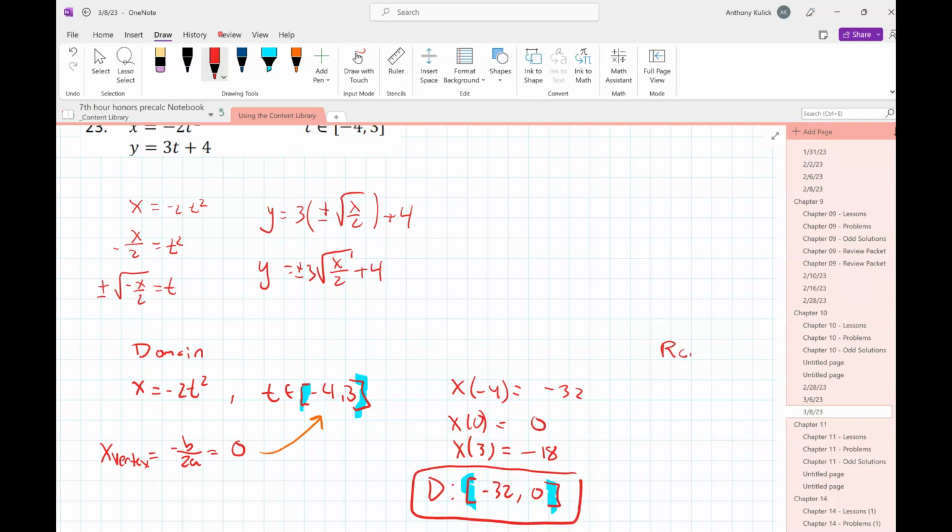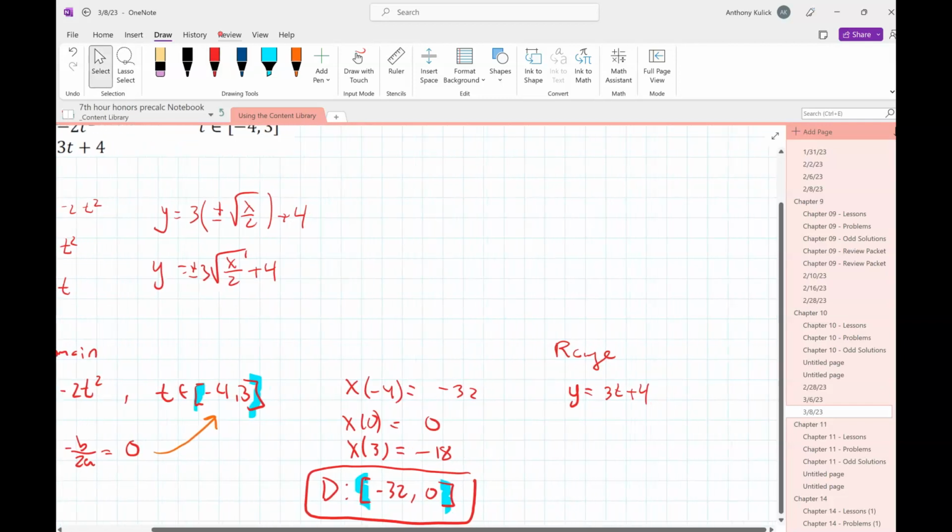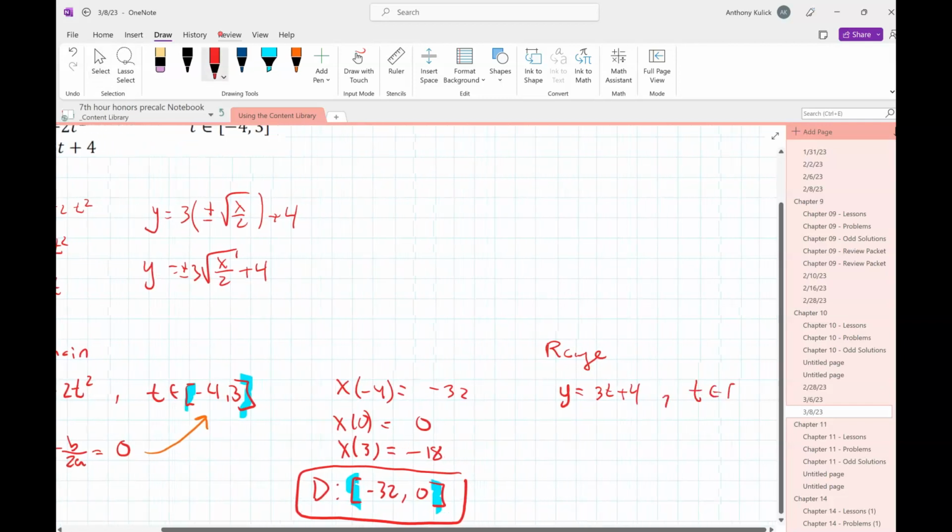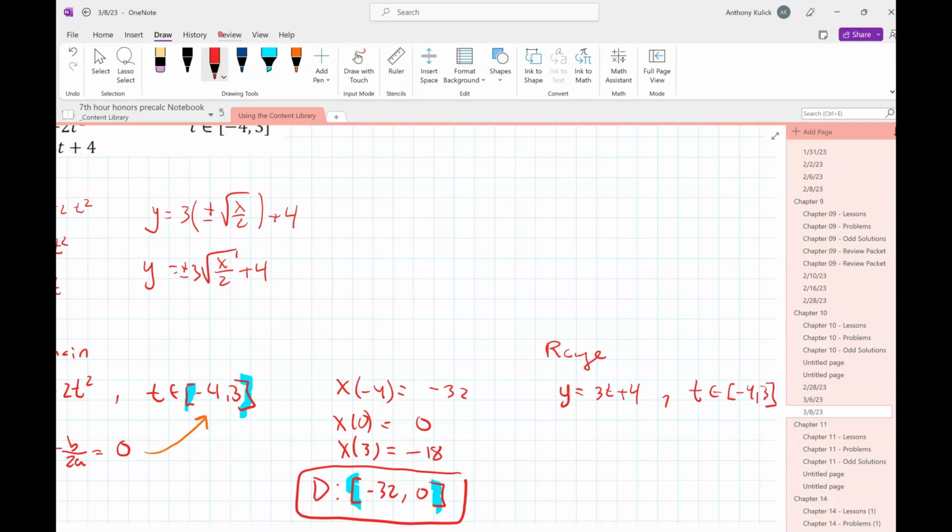Now to do the range, we're just going to care about the y coordinate. Here I notice the function for y is linear, so that's always increasing or always decreasing.